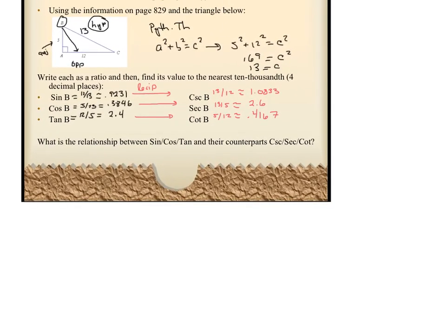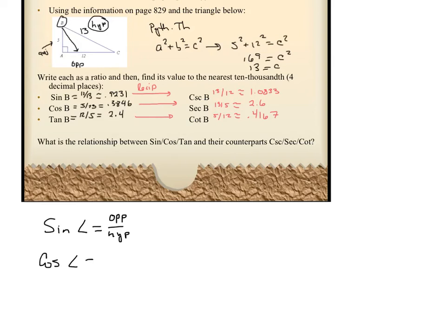And I'm going to go ahead and shrink this down. And I'm just going to write the 6 trig functions and their side relationships, their side ratios. So sine of angle B, or any angle for that matter, so I don't have to put any letter there, but sine of any angle is going to be opposite over hypotenuse.